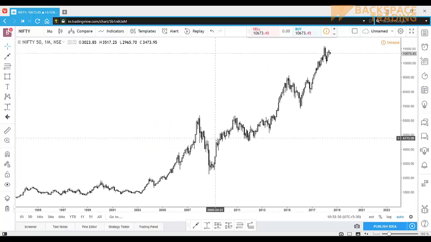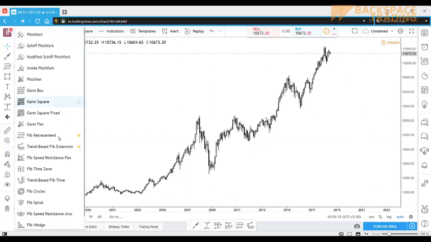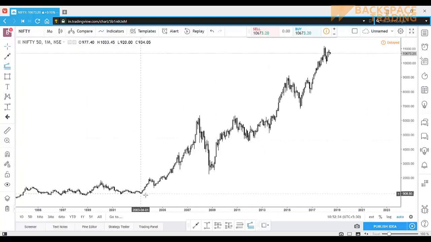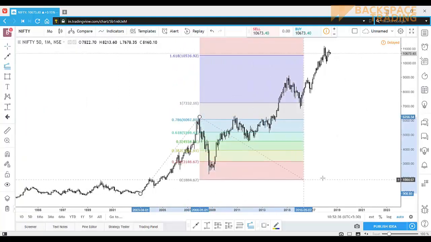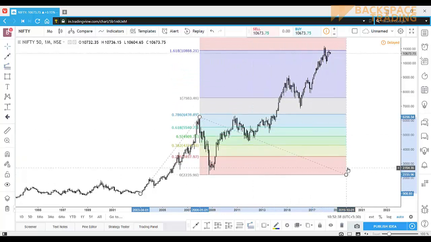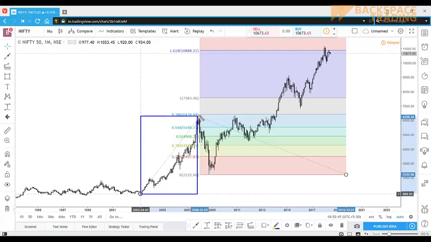But how far did it go from this point? Let us draw that as well. See, this part covered from, so let me draw it. This was the move. This is a 100% move.